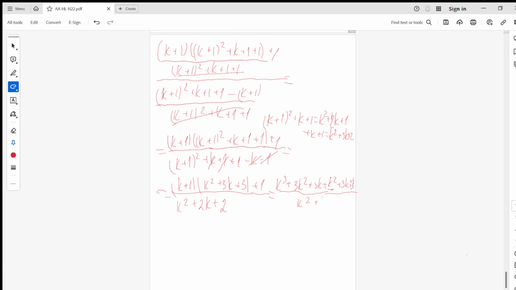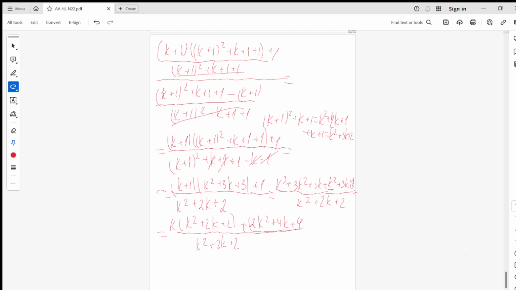This is just k squared plus 2k plus 2. And what we can see is we can write it as k times k squared plus 2k plus 2. And this is going to leave us with 2k squared plus 4k plus 4. And the denominator will look the same.